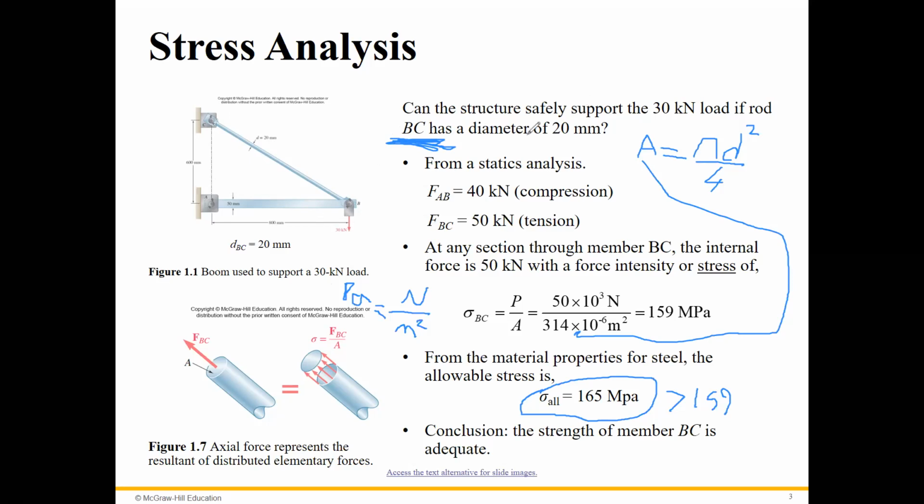The problem is set to check for BC. Professor, where did we get the 165 from? 165 MPa is given. It's given, maybe from experiments in the lab. Okay, thank you.